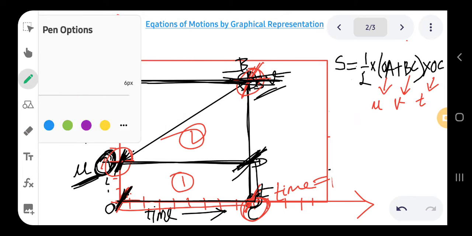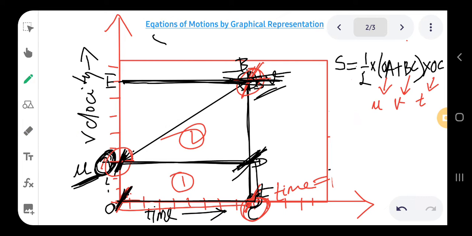Can I write S equals half into U plus V into T, or U plus V into T divided by 2? This is our S.